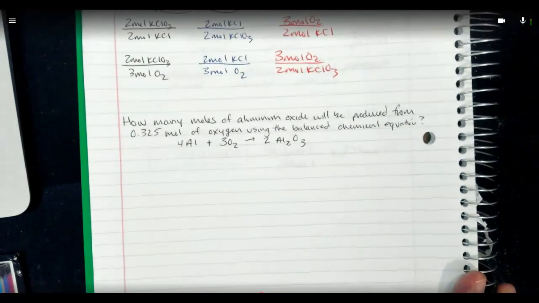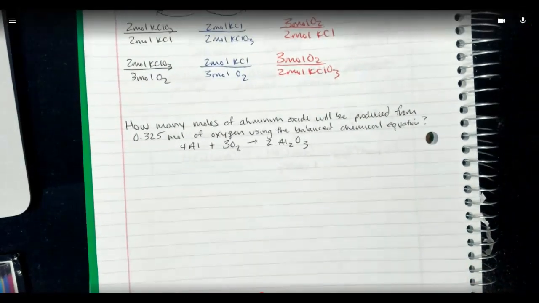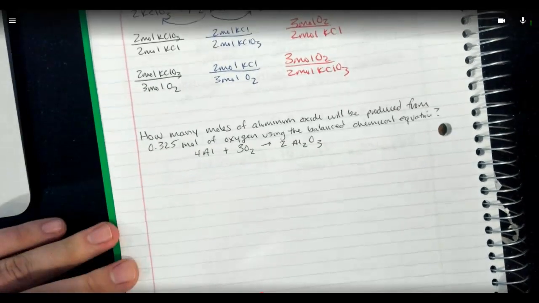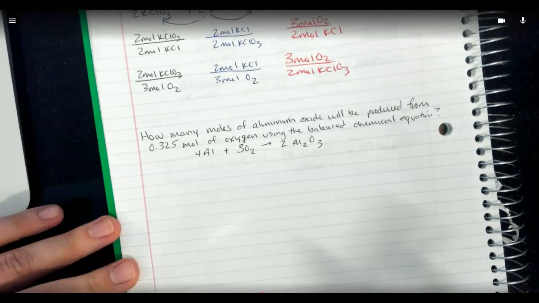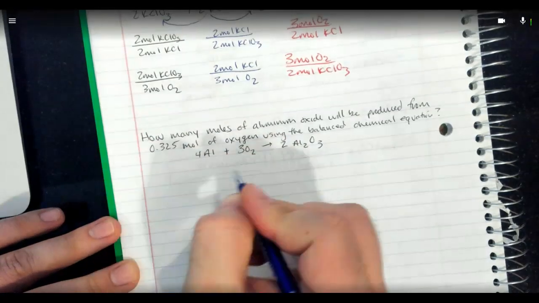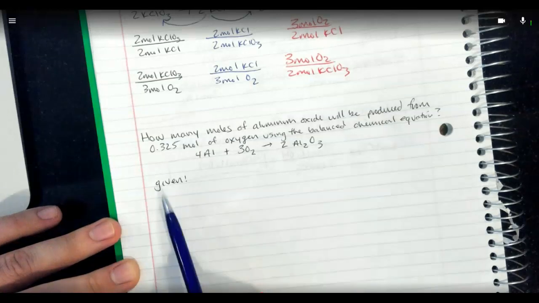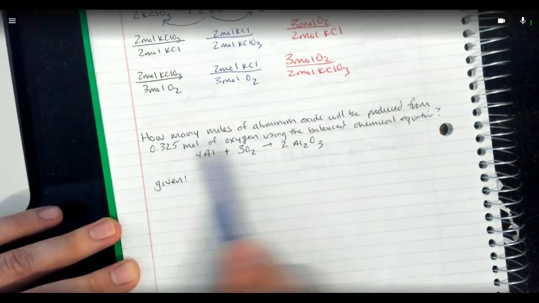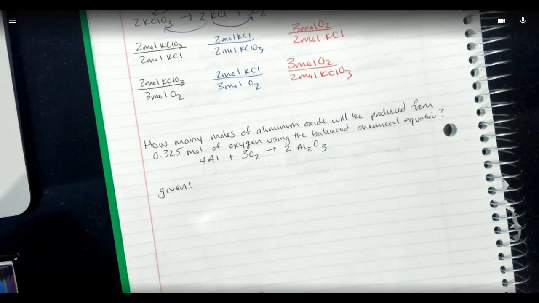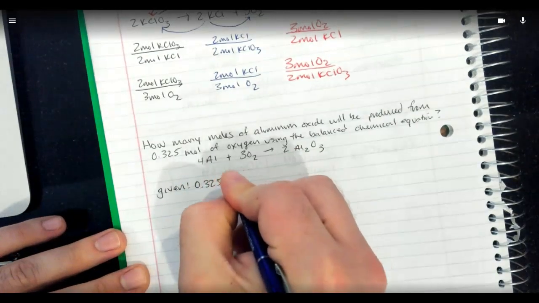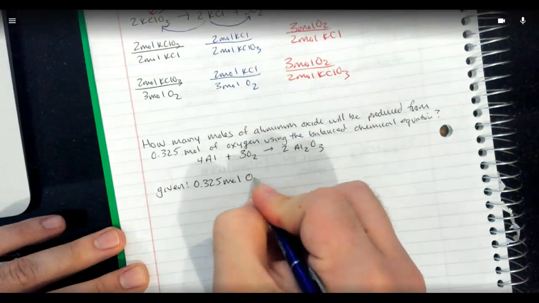Okay, moving on to the mole-mole stoichiometry. So recall that in mole-mole stoichiometry, our given is going to be in moles. To find the given, look for the number. Oh, there's a number. So 0.325 moles of oxygen.